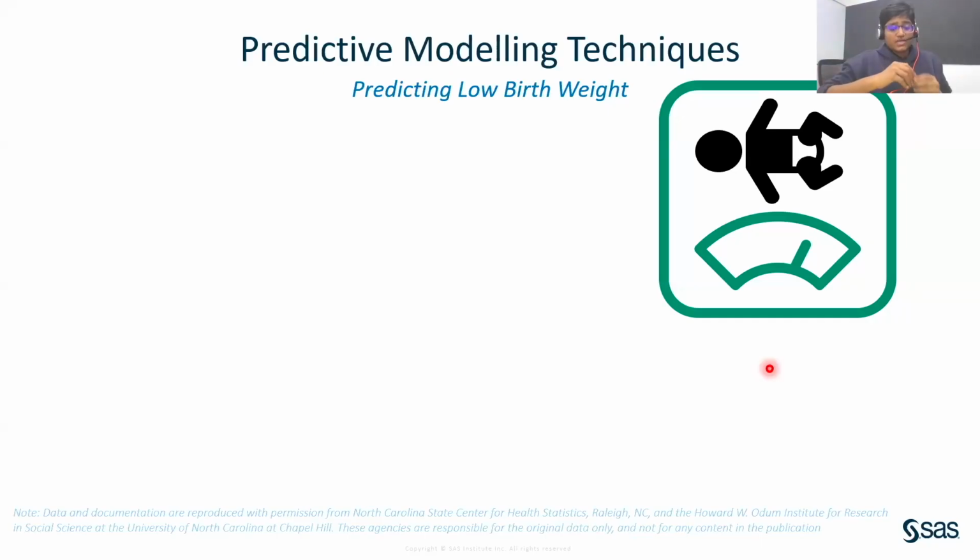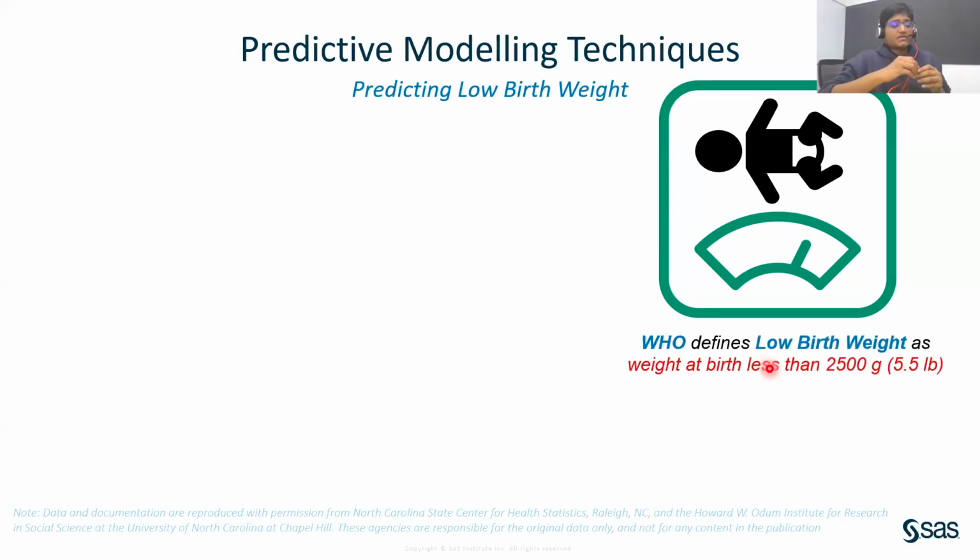In order to work with decision trees, the example that we are taking up here is predicting low birth weight. Low birth weight, according to the WHO, is defined as weight at birth of less than 2,500 grams, or otherwise 5.5 lb.